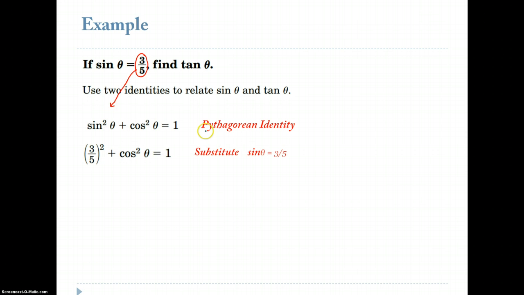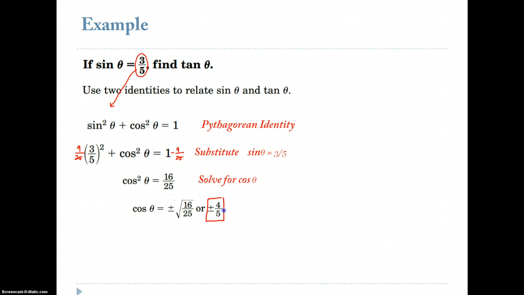So I'm going to plug in sine theta equals 3/5. And now I need to solve for the cosine. So of course I'm going to turn this into 9/25 and subtract it from both sides. I get cosine squared theta equals 16/25 and cosine theta equals plus or minus 4/5.